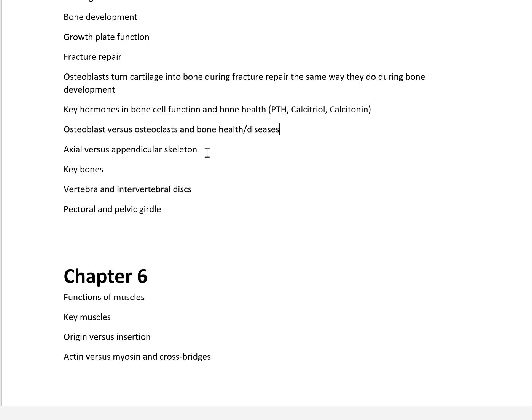What are the key bones? You have the human skeleton on a figure in your textbook. Hopefully you've been through the bone videos that I created, especially that bone preview where I go through all of them. I won't go through every bone in the body here, but you might hear, oh my goodness, over 200 bones. But you have to understand that you have 12 pairs of ribs, so 24 ribs.